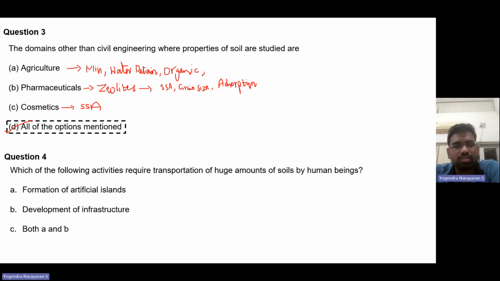Hence, both of the options come into the purview of this. Hence, the right option would be both A and B.